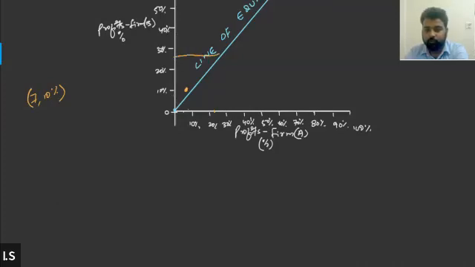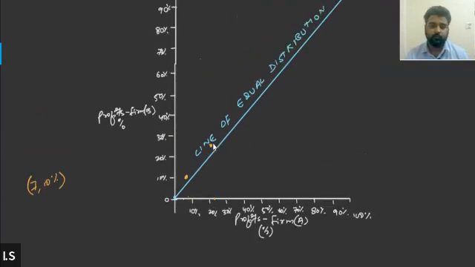So we need to take a point somewhere close to this point. Okay. So this will be our second point, second dot.